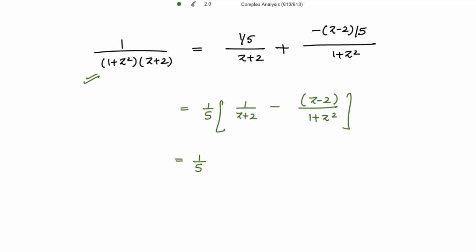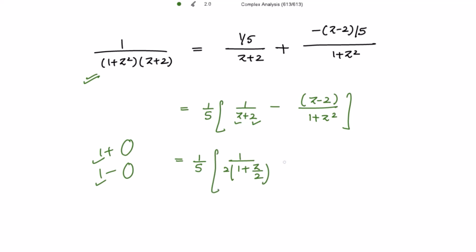Now because we need the expansion to be in the powers of z, for that we need 1 minus z or 1 plus z. For the expansion we need 1 plus something or 1 minus something. So to get this 1, let's take 2 common from the denominator, so that we can get 1 plus something, and something that is z divided by 2.